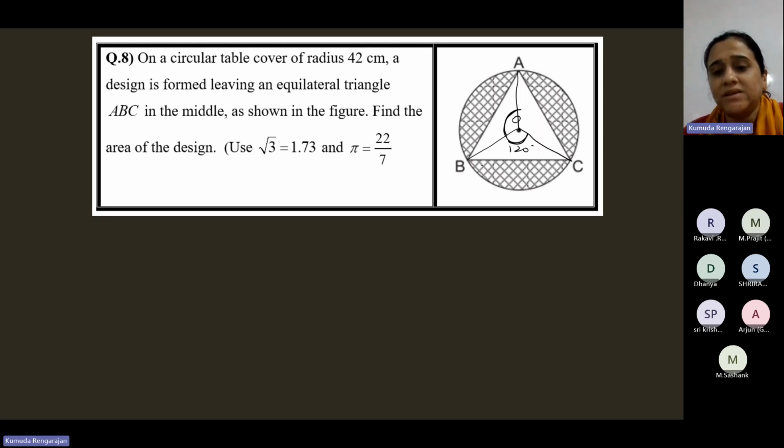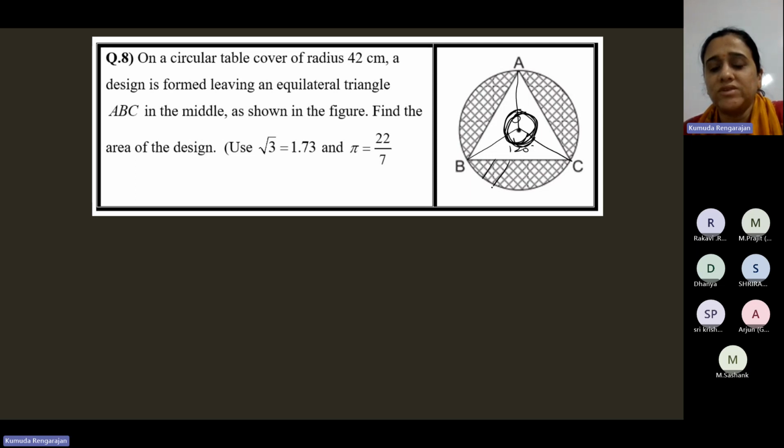BOC is the angle subtended by the chord BC at the center. And AOC is the angle subtended by chord AC at the center. So 360 is a complete angle, right? All these three make the angle around the point O. So 360 degrees divided by 3, which is 120. So the sector angle is 120 degrees.